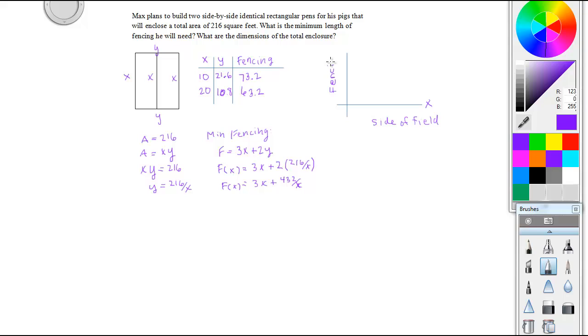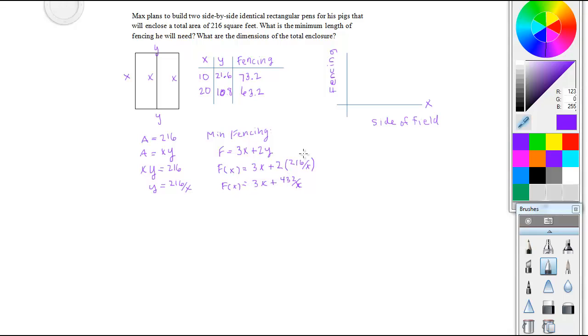I think it's important to label the graph because it's very confusing what this vertical side represents here on the graph. It's very tempting to think that it is y because your calculator will call it y, but you're graphing this function, fencing, as a function of x.